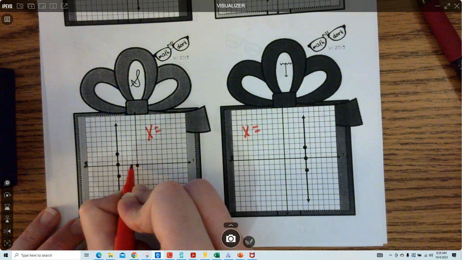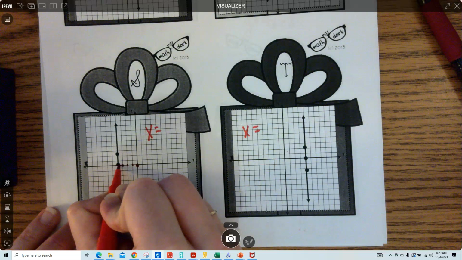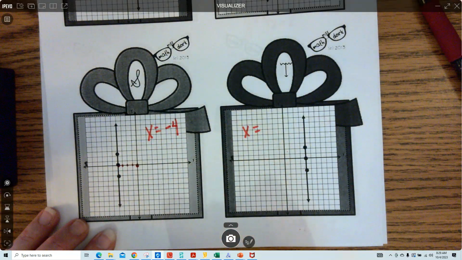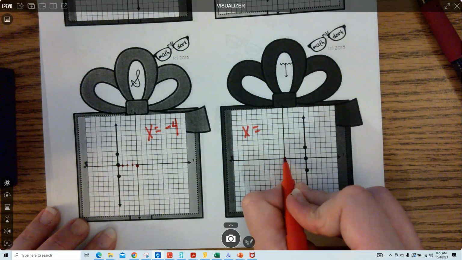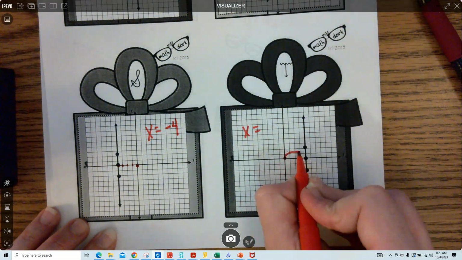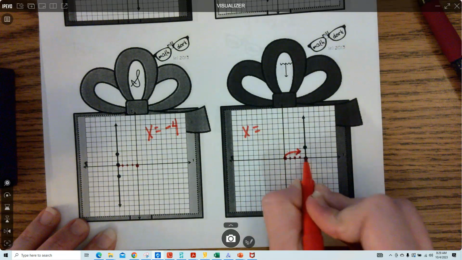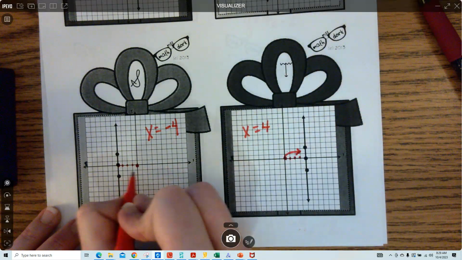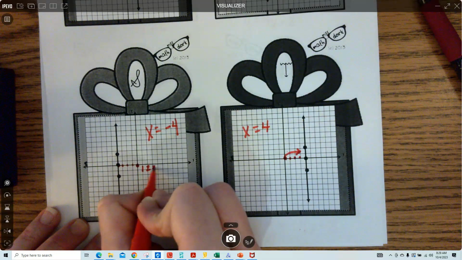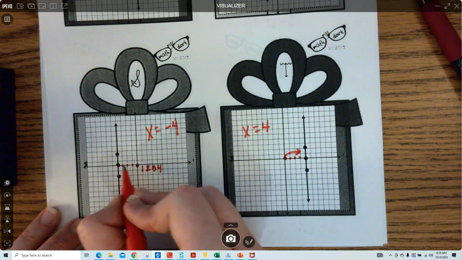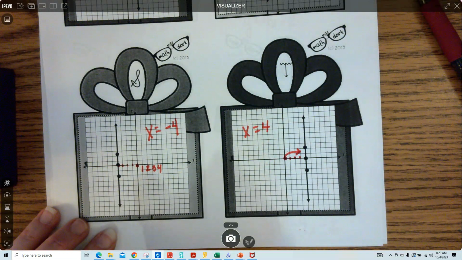So I have to go left. 1, 2, 3, 4. If I go left, it's a negative. So it's a -4. If I start at the origin and I have to go right, go this direction, it's going to be positive. 1, 2, 3, 4. So just think about what these labels would be. So if it starts with x equals, what that x value would be.